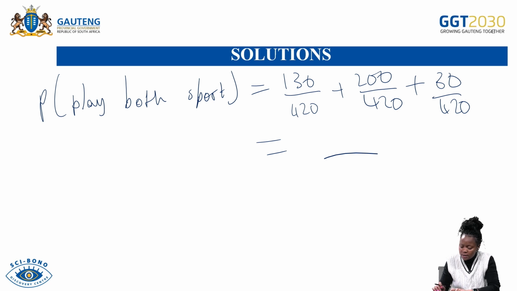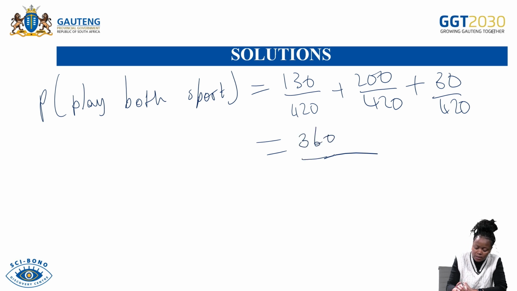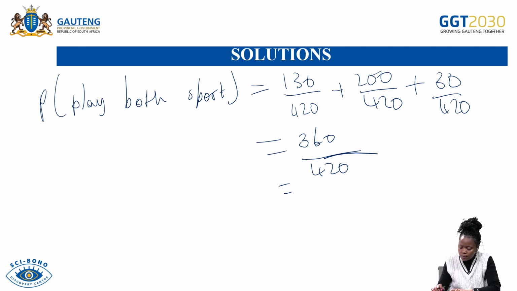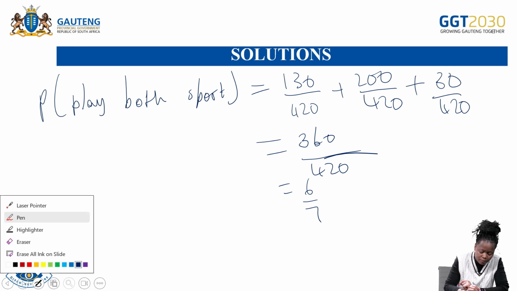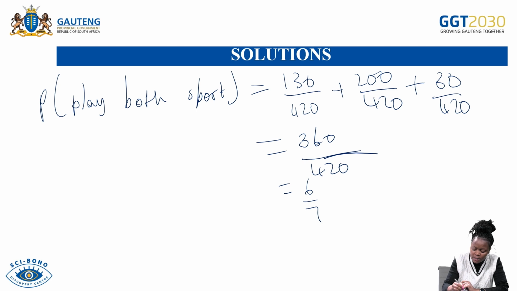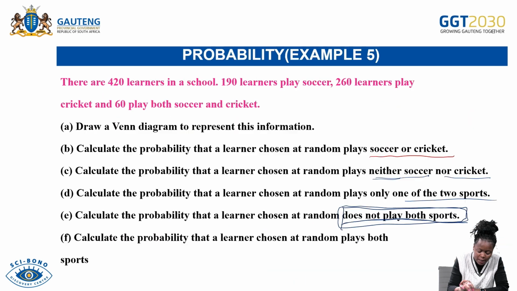It's going to be 130 plus 200 plus 30. It's 360 divided by 420, which is going to be 6 all over 7. Right? And then when we are marking, you can just say 1 and then you get 2. Or you can mark here and here. That's just 2 marks. And then we move to the last question.